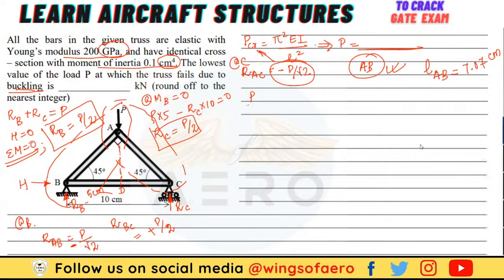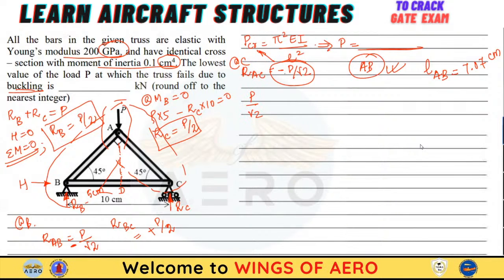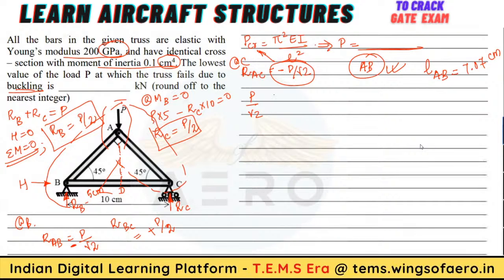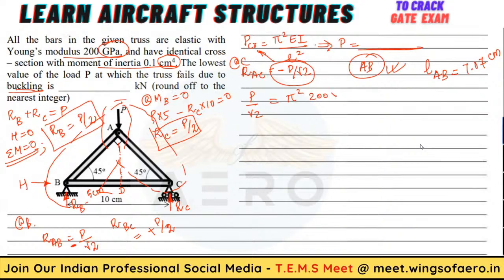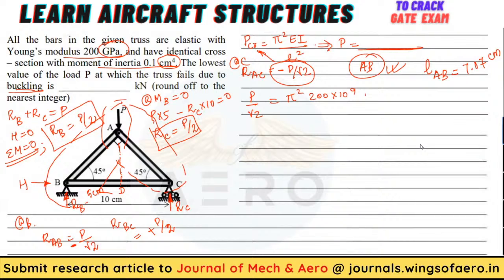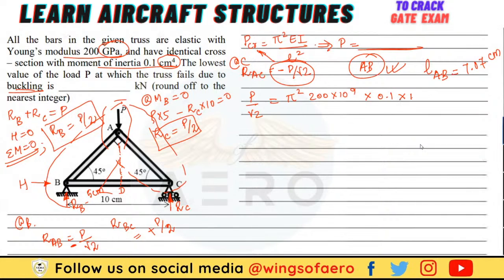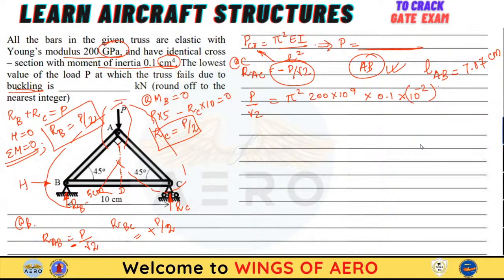That is P by root 2. Let's ignore the sign, just consider the magnitude. Equals pi square. What is the E? 200 into 10 power 9. Into I, 0.1 centimeter they have given, so you have to convert it into meter, power 4, isn't it?